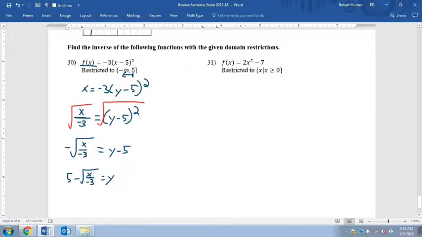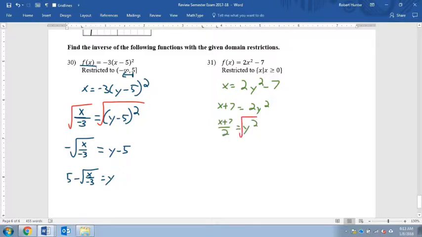Cool. 31 is the same idea. Give it a pause and give it a shot. So we'll start: x equals 2y squared minus 7. So x plus 7 equals 2y squared. Divide by the 2. x plus 7 over 2 equals y squared.